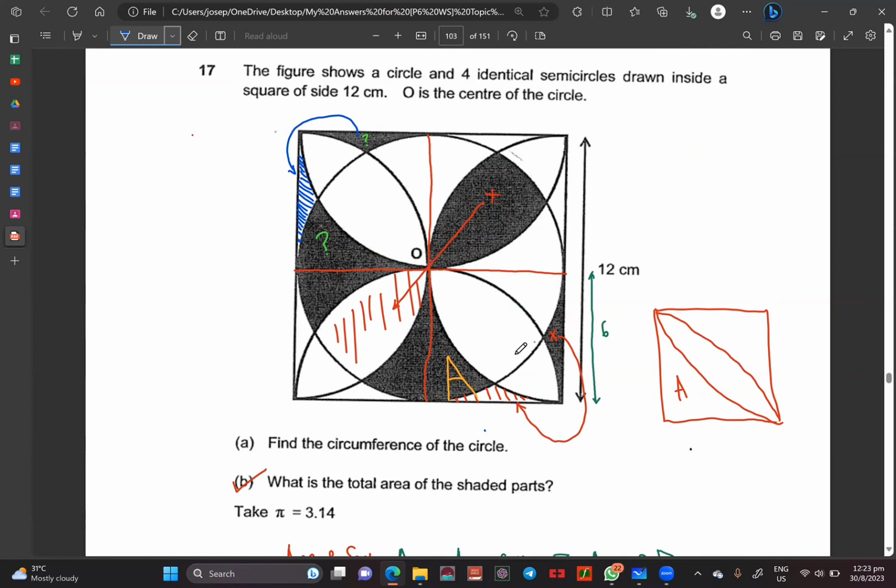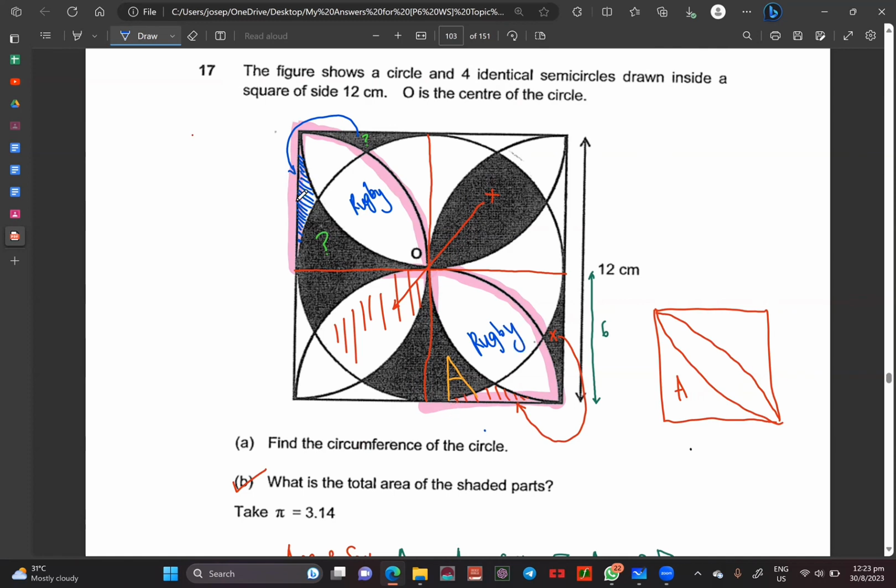How am I so confident, right? Because I want you to look at the parts that I'm going to highlight right now. Look at this quadrant, and then look at this quadrant. You realize that both of them have a rugby ball. So let's call this the rugby ball, and then this is also another rugby ball. And to the left of the rugby ball is basically sector A, right?